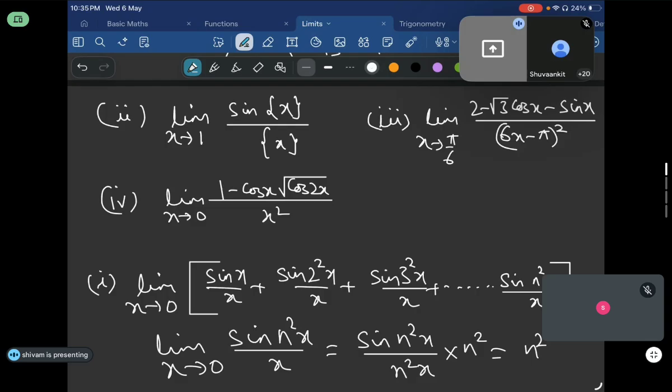Shubhangi, part 2 is correct. Abhisha, check part 4. Yes, Rasheshwari, part 4 is correct. Abhisha, part 3 is correct.